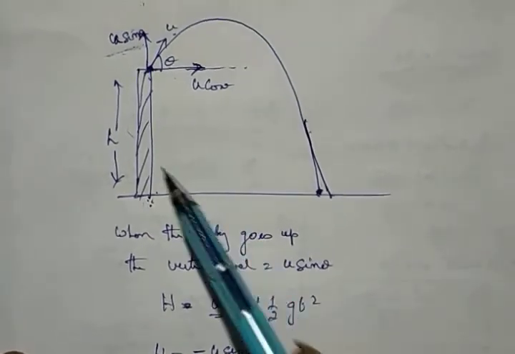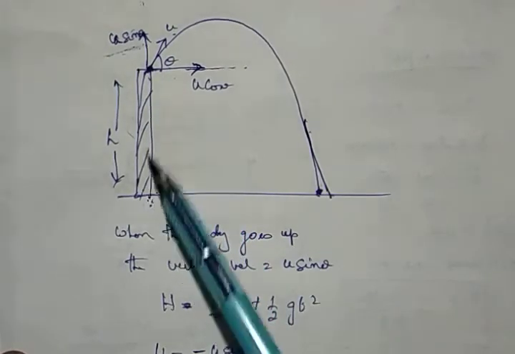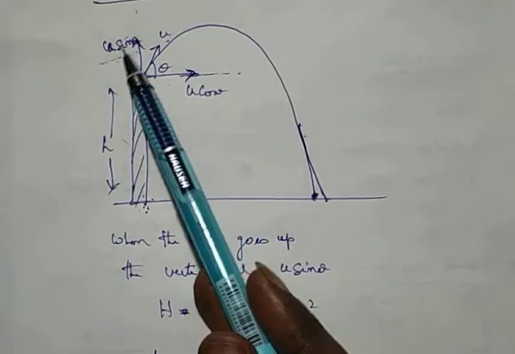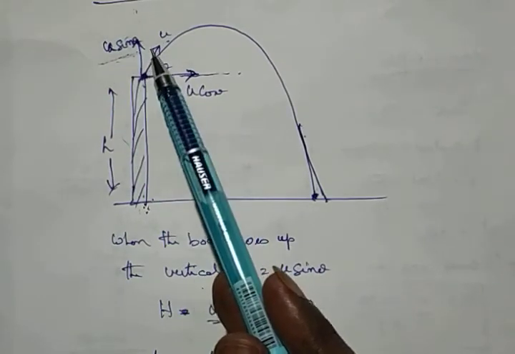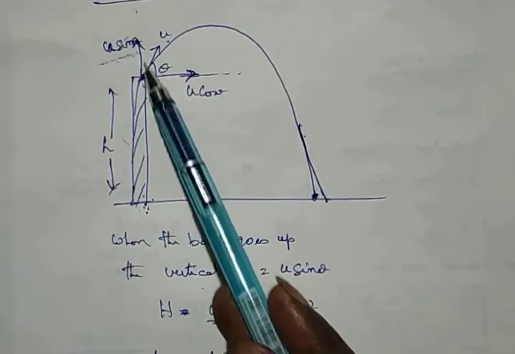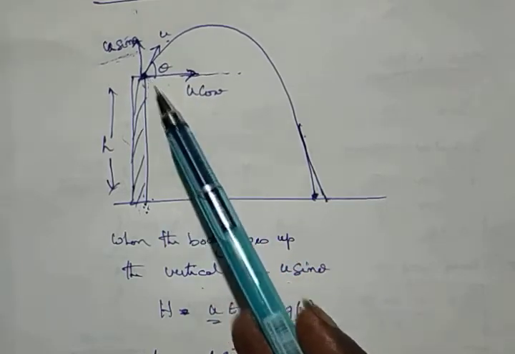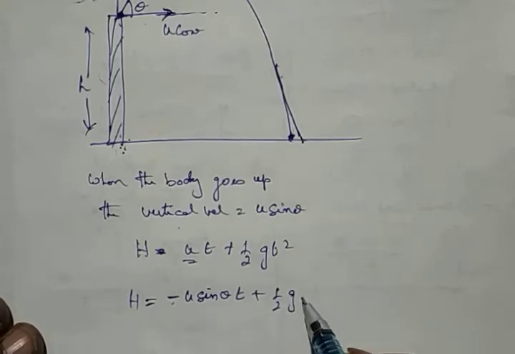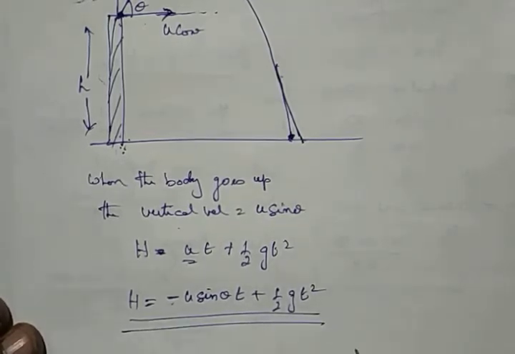Because the final displacement is only the height. From here it is going to come down, but this is going above, with a negative value. And the g value we can take as positive here. So plus half g t square. So this is the main expression you need to consider.